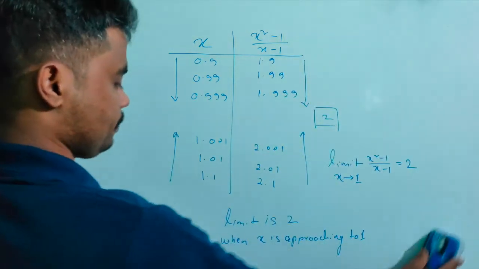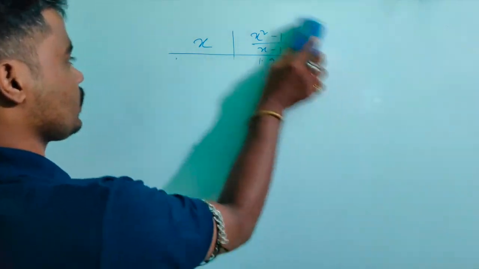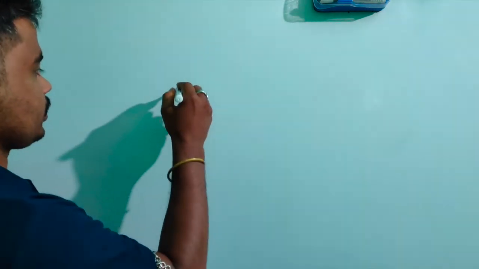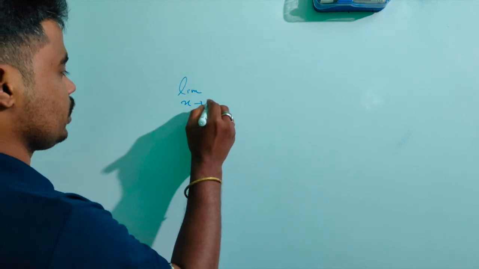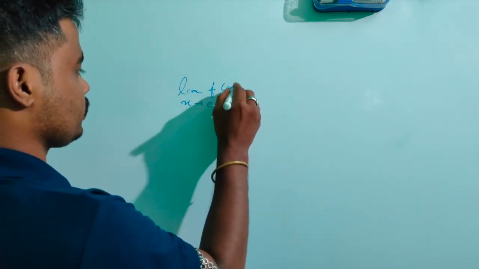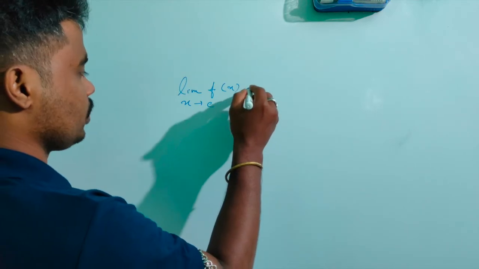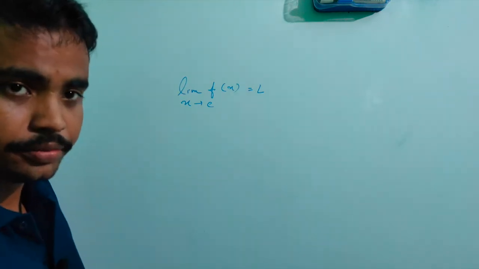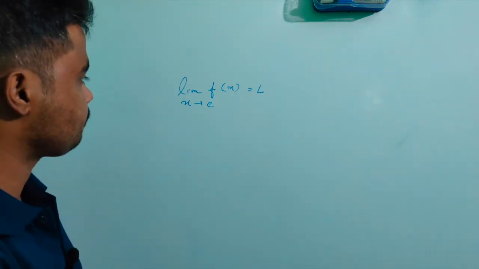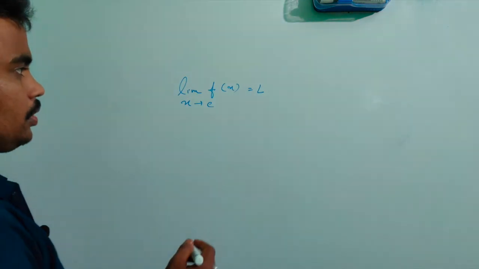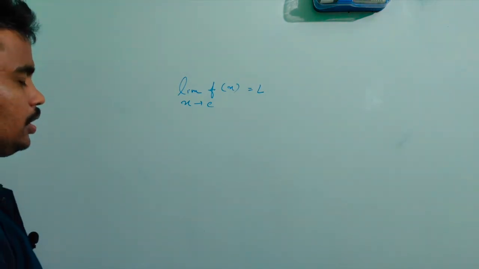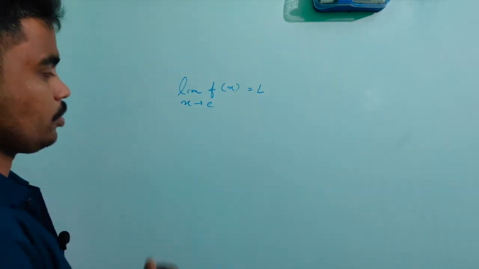So we can now extend this definition to any function, or we can write in a more general sense, the limit x tends to c, f of x equal to L. That means f of x is a function which is defined in an open interval containing c, and it is not necessary that f of x should be defined at the point c.